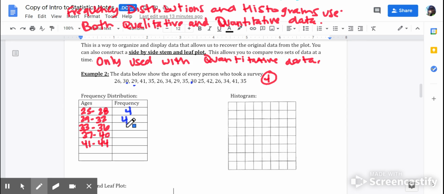So there'll be 4 values between 29 and 32. Now, between 33 and 36, find these values, there's going to be 5 of these. Numbers between 37 and 40, and no numbers between 37 and 40. And then 41 to 44 will be 3 of those. So when I get ready to make my histogram, my title is Age of People Who Took a Survey.